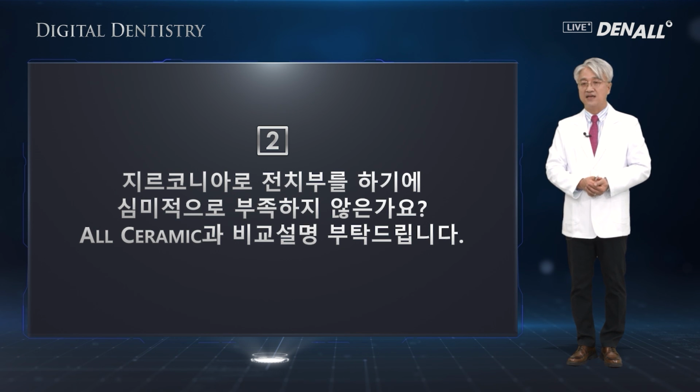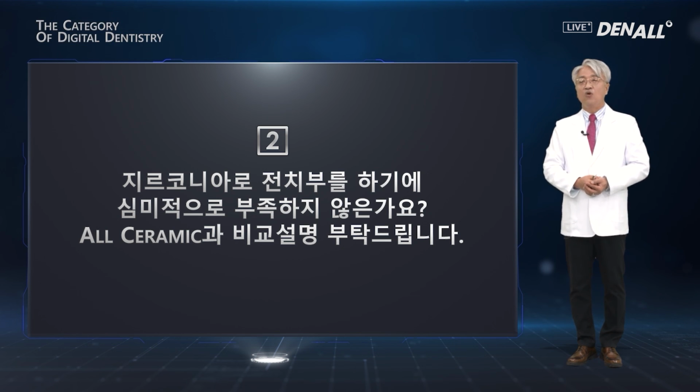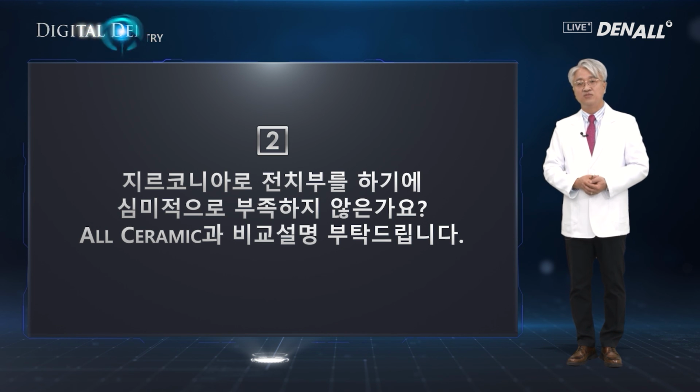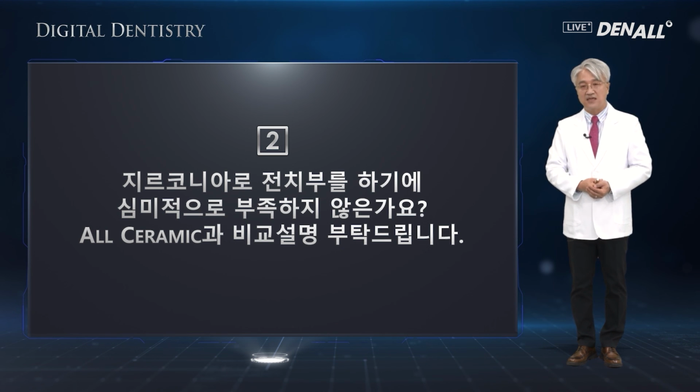As of now, using those blocks compared to all ceramics, it's not that far behind. These blocks are also very good, and all ceramic can be too translucent. It could be too transparent, so maybe in that case, using a zirconia block might be better. And strength-wise, it's also very attractive.